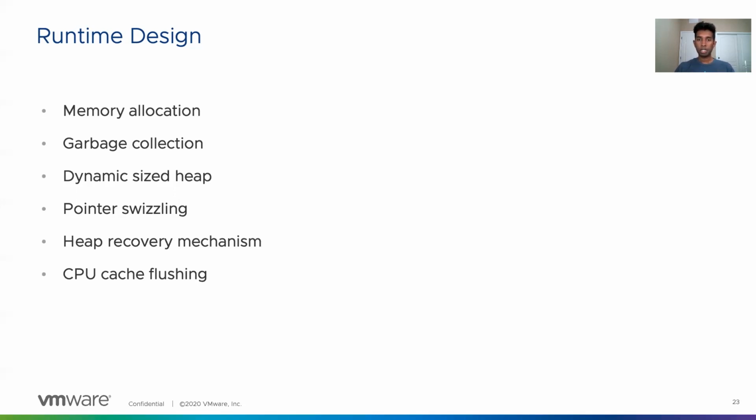Pointer swizzling is a powerful feature that enables GoPmem to use native pointers. GoPmem provides a heap recovery mechanism. This is what enables applications to run seamlessly across a crash and restart. The runtime also provides CPU cache flushing support to ensure durability of data. I'll go into the details of a few of these aspects in the upcoming slides.